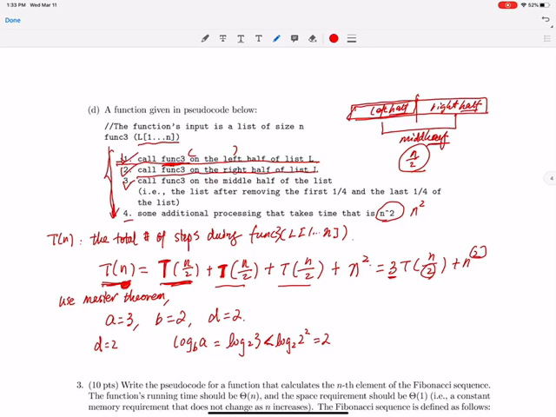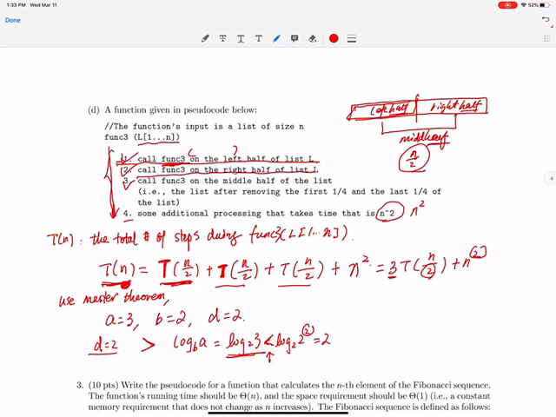Because we need to compare 2 with this number, we put a sign here, and 2 would be here. So in the end, log base 2 of 3 is less than log base 2 of 4. Therefore, we have a less than relation between the two.